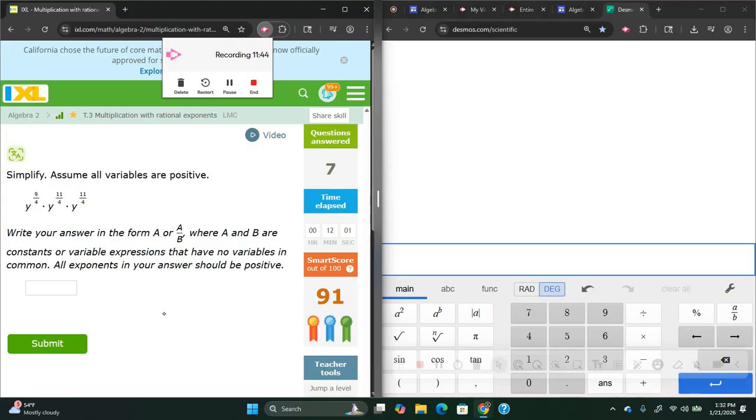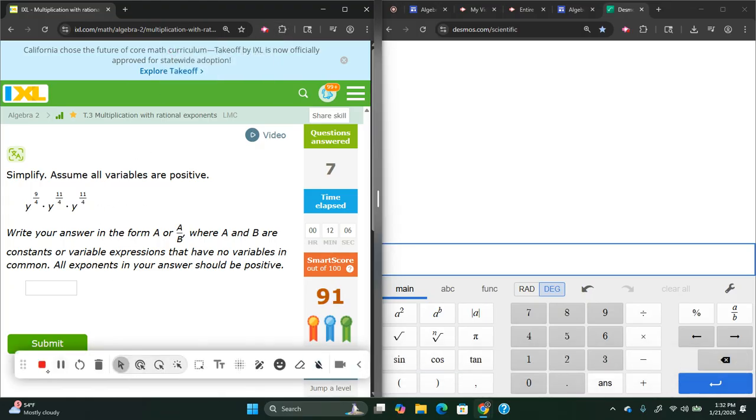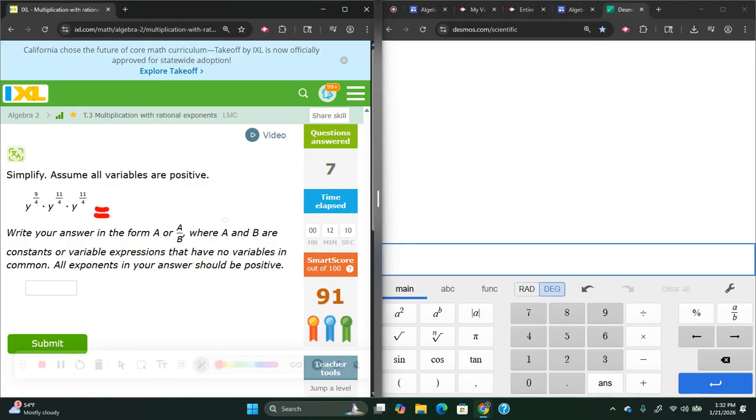Oh, it's right here. Okay, I can write it. So it should be y power 9 over 4 add with 11 over 4 add with 11 over 4. Okay, so 31 over 4.